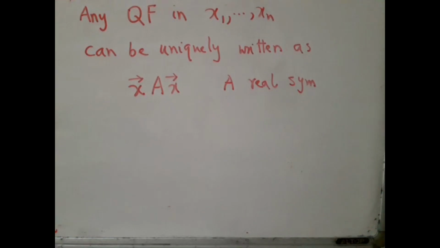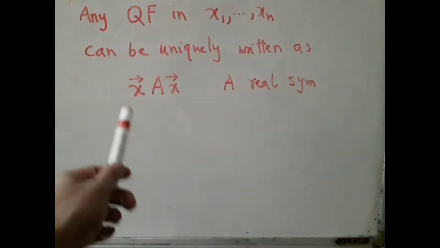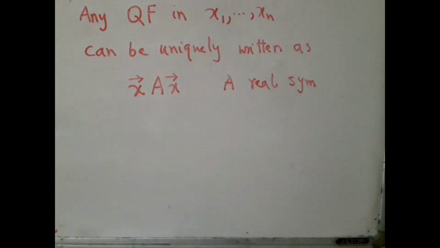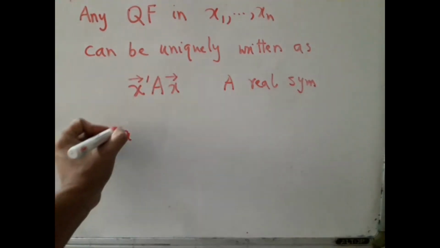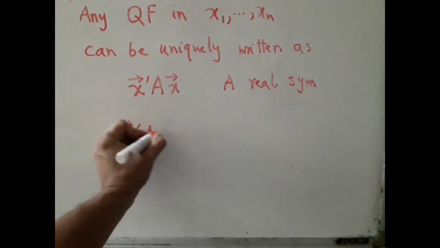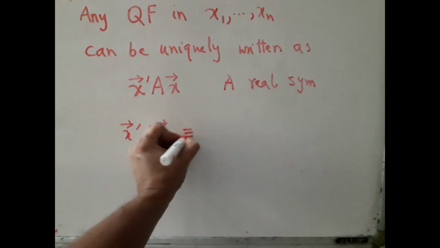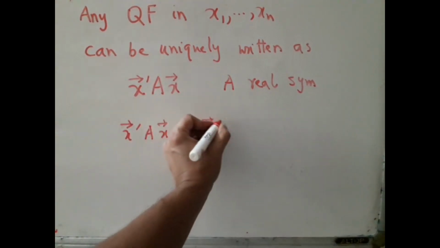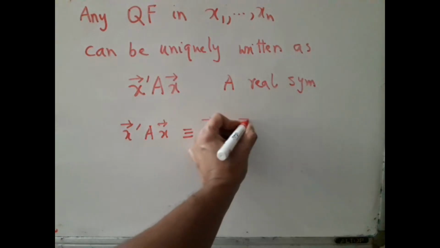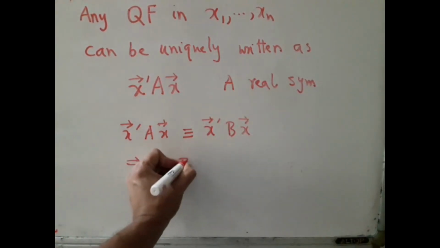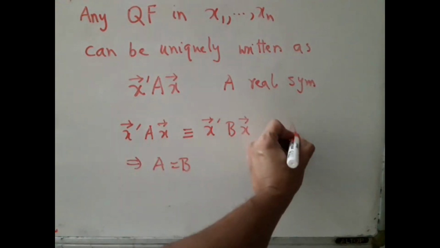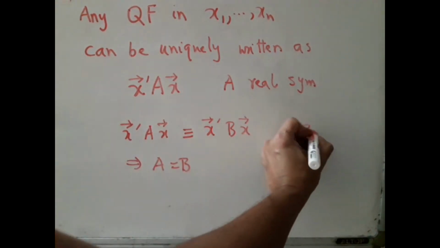Any quadratic form in x1 to xn can be uniquely written as x prime A x, where A is real symmetric. Thus, if we find that x transpose A x happens to be identically equal to x transpose B x, then I can immediately say that A must be equal to B, where A and B both are real symmetric.